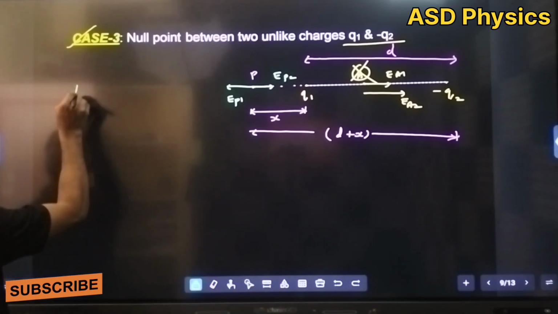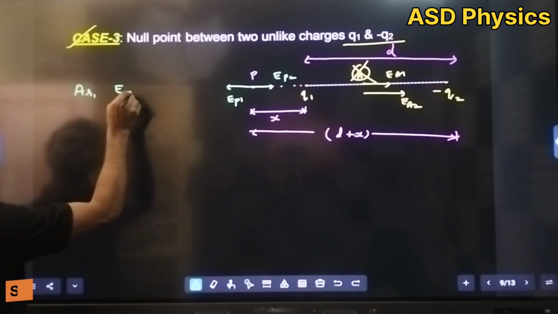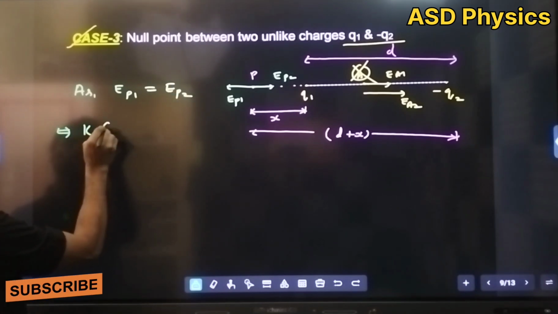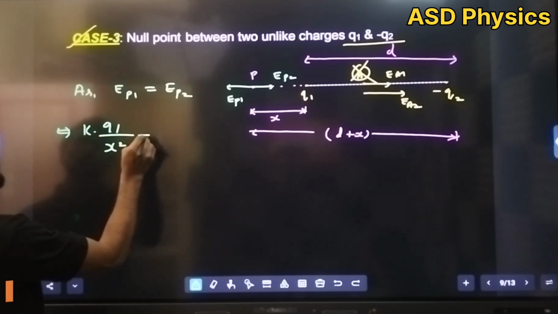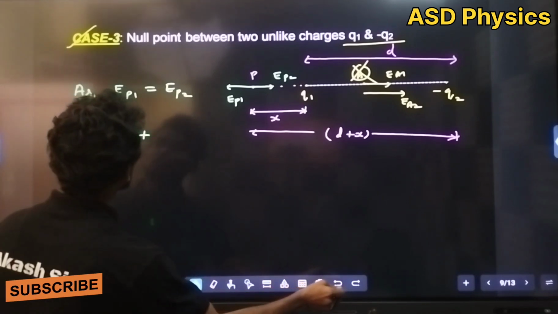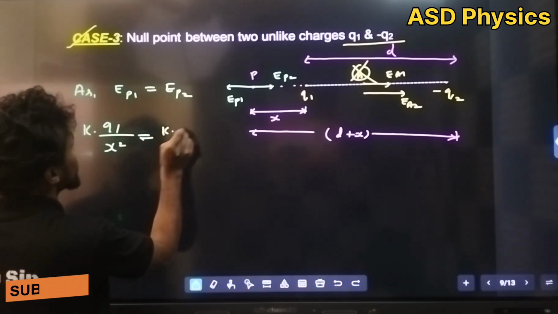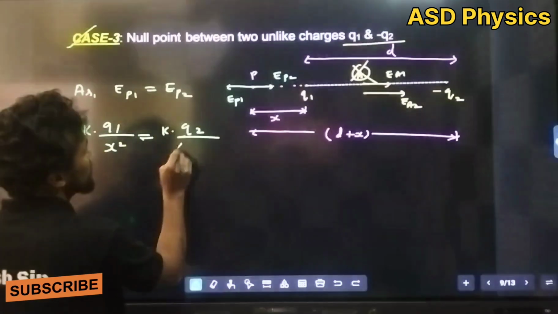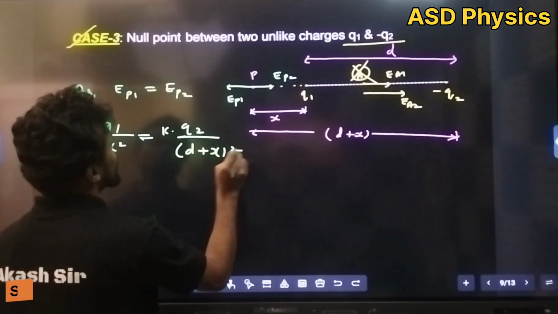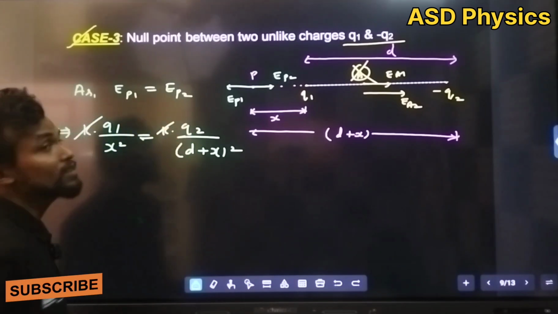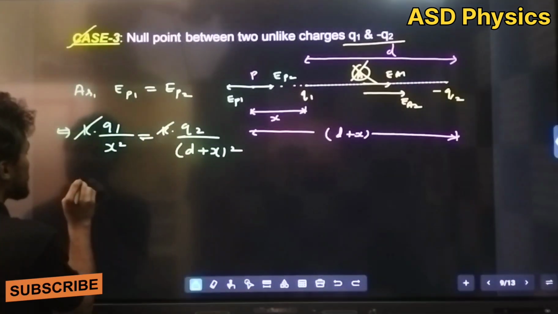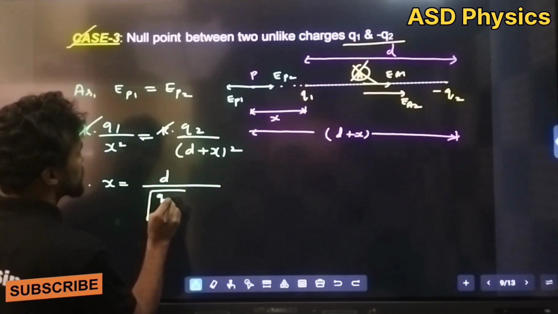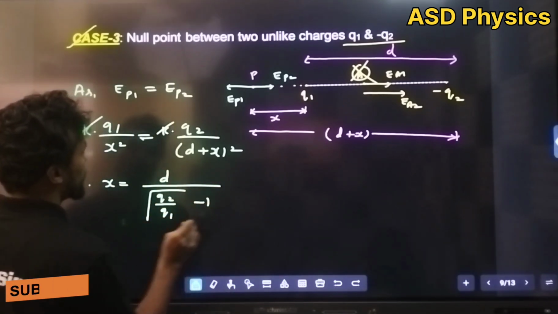So again, as EP1 is equal to EP2, we put the values: K into Q1 by X square is equal to K into Q2 by D plus X whole square. We only write the magnitude, not the minus sign at all. This K and this K will cancel out. When we simplify, X will come as D by square root of Q2 by Q1 minus 1.